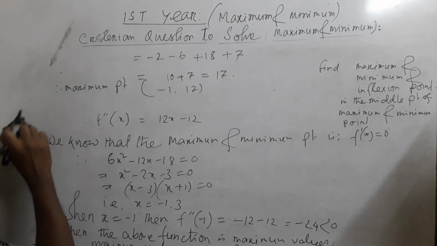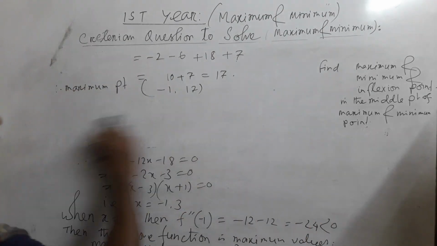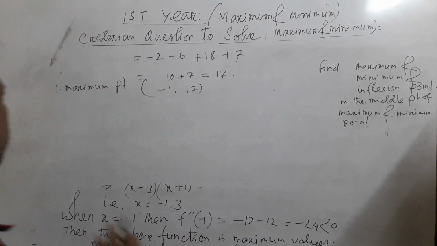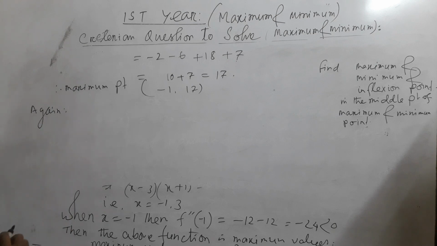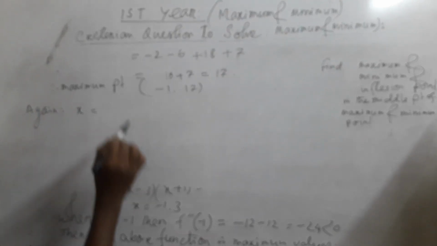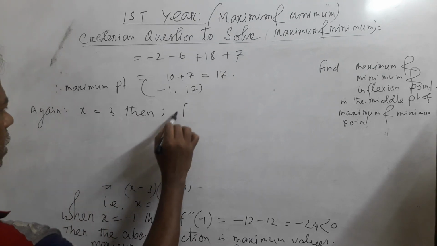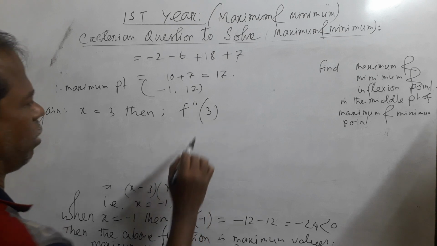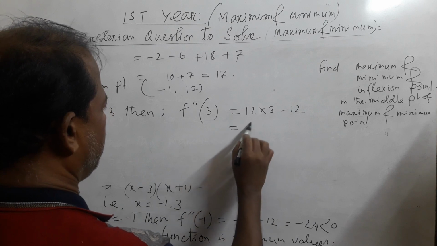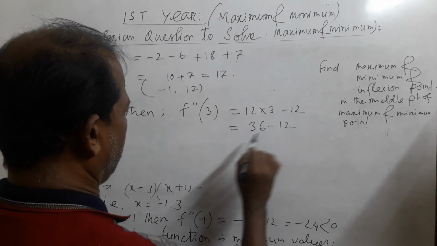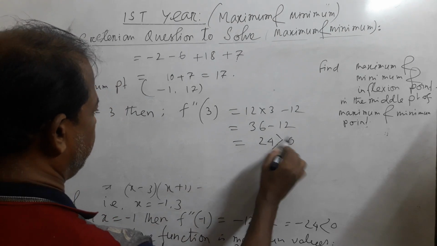Again, x equals 3, then f double prime of 3 equals 12 into 3 minus 12, that is 36 minus 12 equals 24, which is greater than 0.